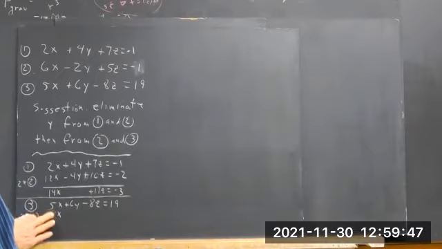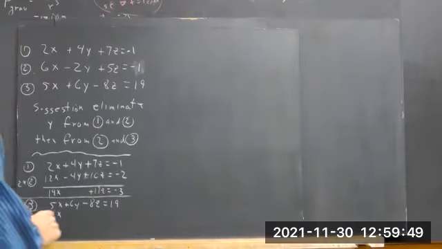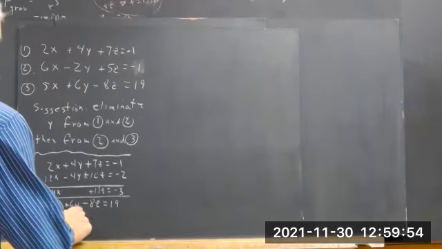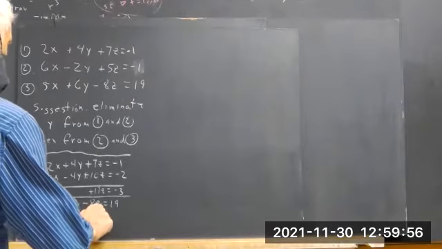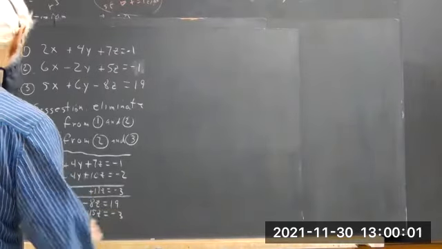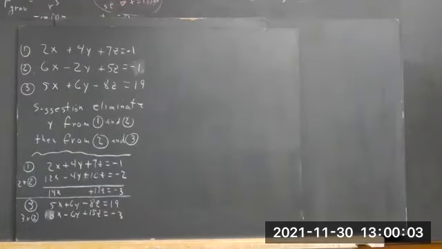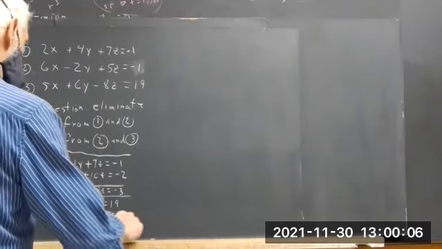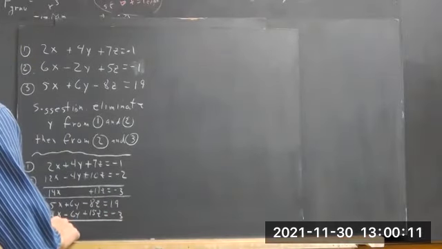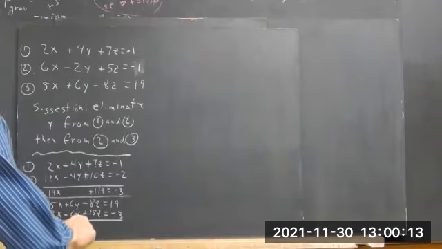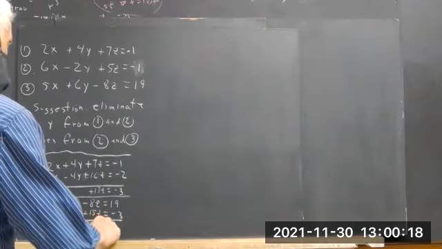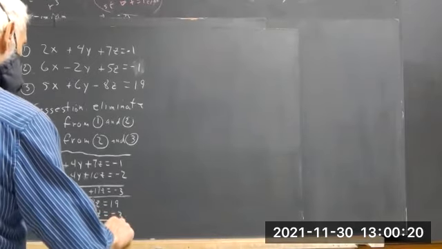Multiplying equation 2 by 3, we're going to get 18x minus 6y plus 15z equals -3. Now we add these up, we get 23x. Y's go away and we get plus 7z equals 16.